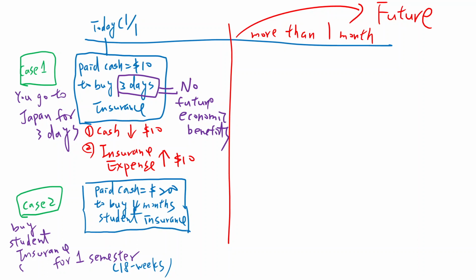So for this case, you pay $200 to buy 4-month student insurance. Could you tell me, will 4-month student insurance provide you future economic benefit? Of course, yes. For the next 4 months, if you have some accident, you can get some coverage from the insurance. So of course, it has future economic benefits.